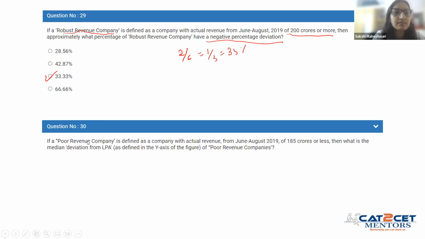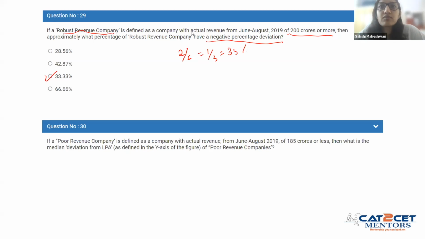Now let's move on. According to you, what is a good score in DILR and Quant? 30 each. I think that depends on the level of paper as well. But I think 30 should be a good score, and on 30 you should be able to cross 98 percentile easily.